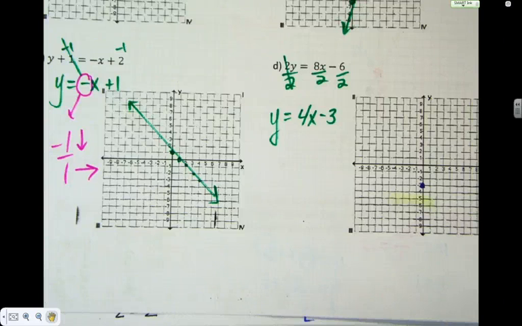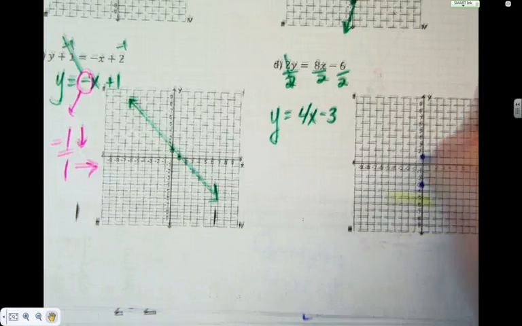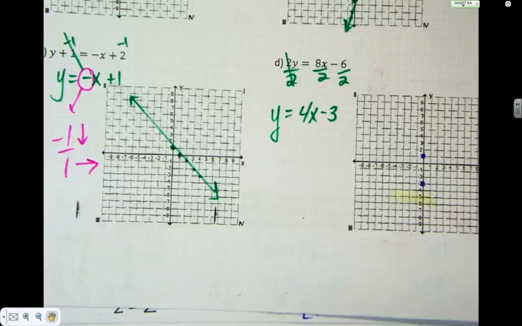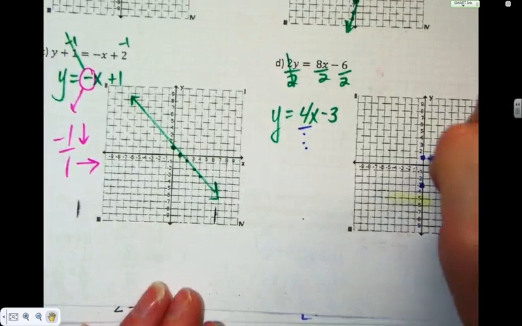Now I'm confused. Tell me what to do. Okay, up 4. Now here's a really common mistake. People go, well, there's nothing underneath, so it must be up 4 and I'm done. It's over 1. So don't forget that there's that imaginary 1, so it's going to be over 1.